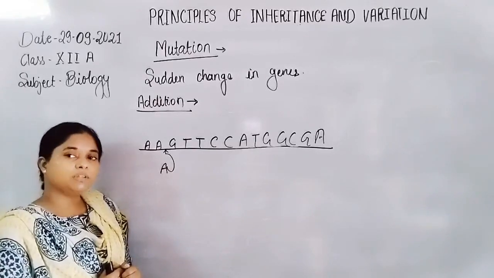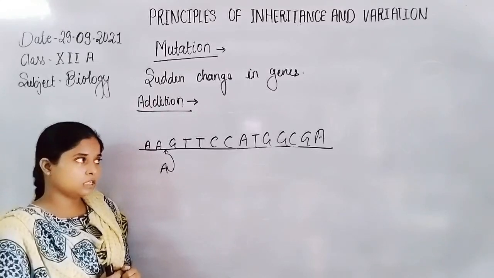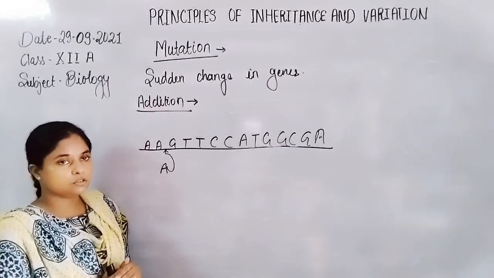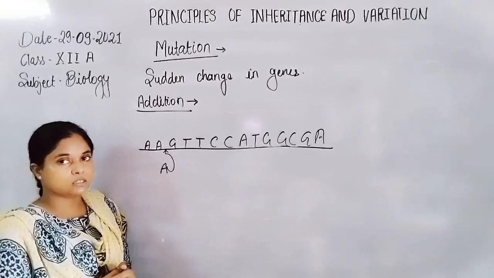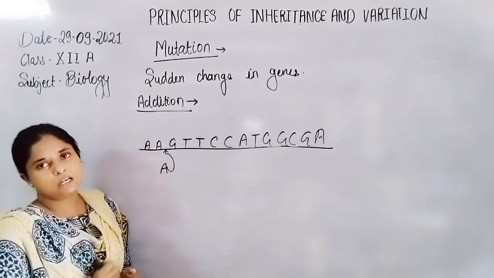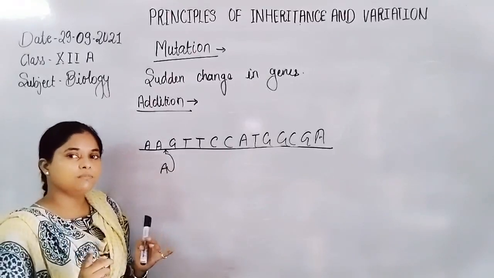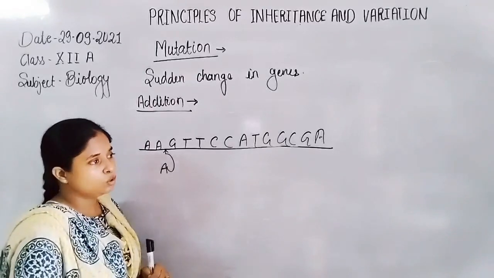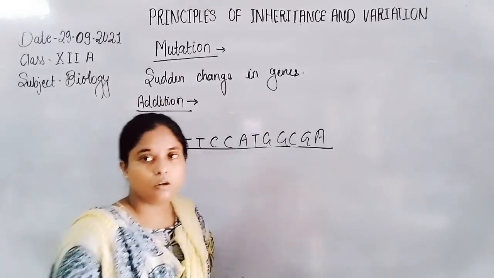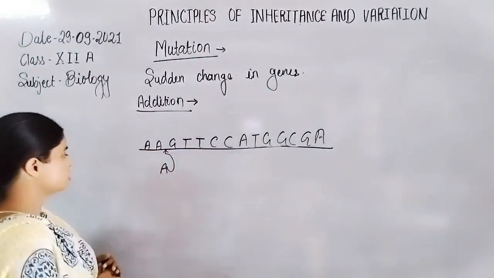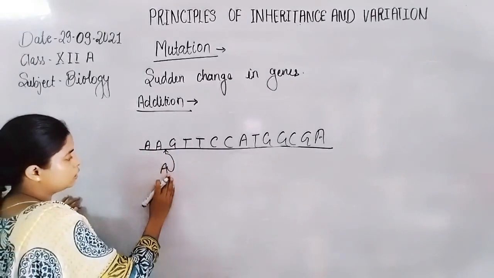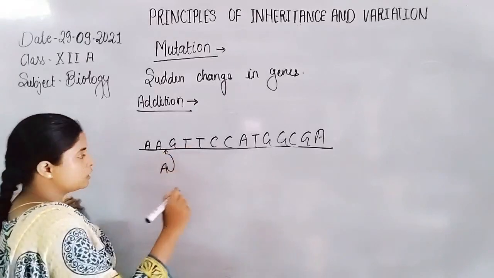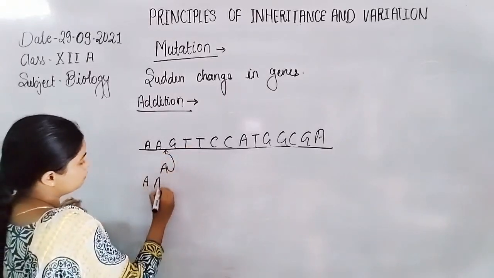A wrongly sequenced amino acid during protein synthesis means the wrong protein gets synthesized. Overall, a change in a single base affects the whole protein synthesis and thus causes huge diseases.